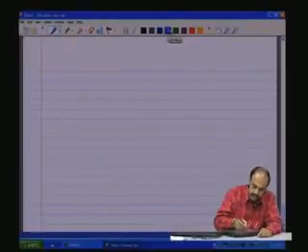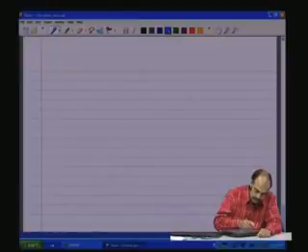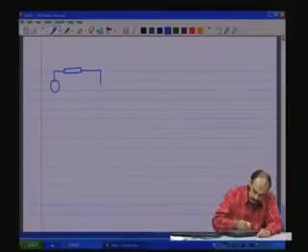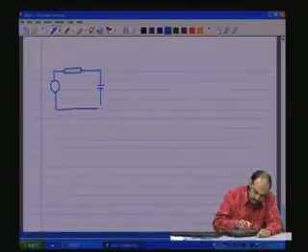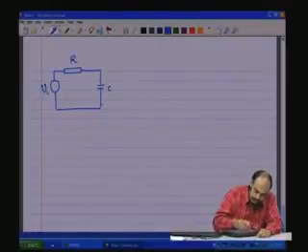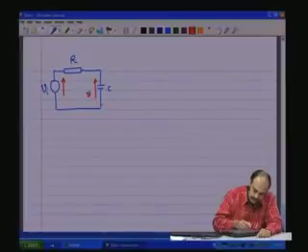So, you will see that for this circuit we have already obtained the state equation in a previous session. In a previous session we have Vi, this is R, this is C, we have a voltage and the voltage across C we see, which is like that. Okay.